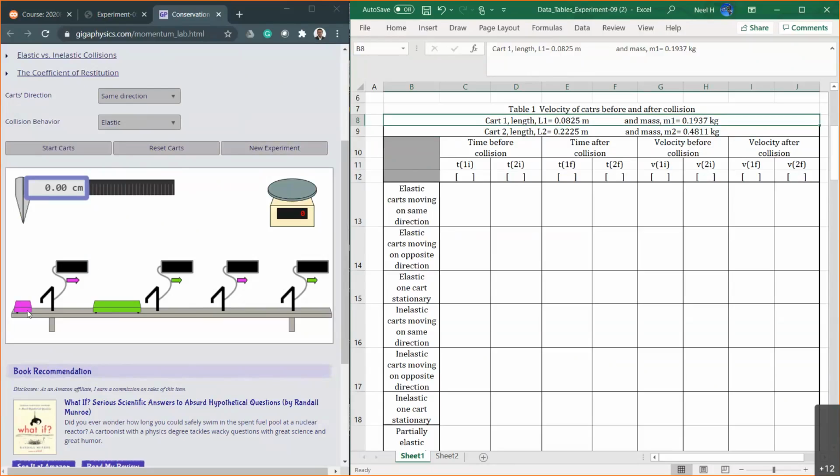Then it's very simple. To make sure, I'm going to recheck this very quickly, in case I did click new experiment for any reason. That would make a very bad calculation. Okay, all are good. You can always click reset cars. Now I click start cars.